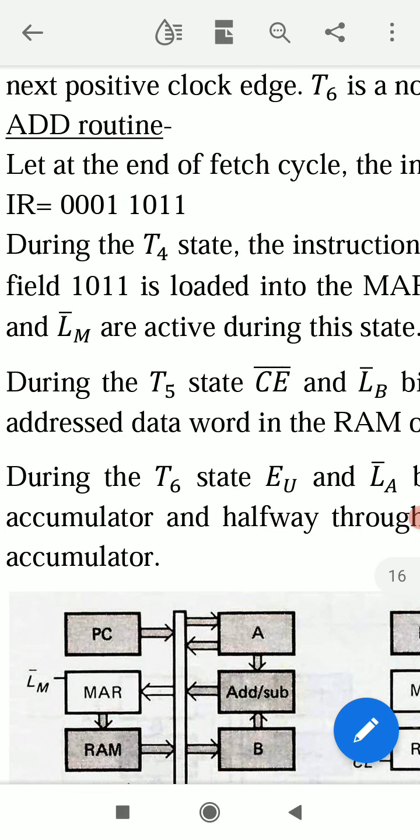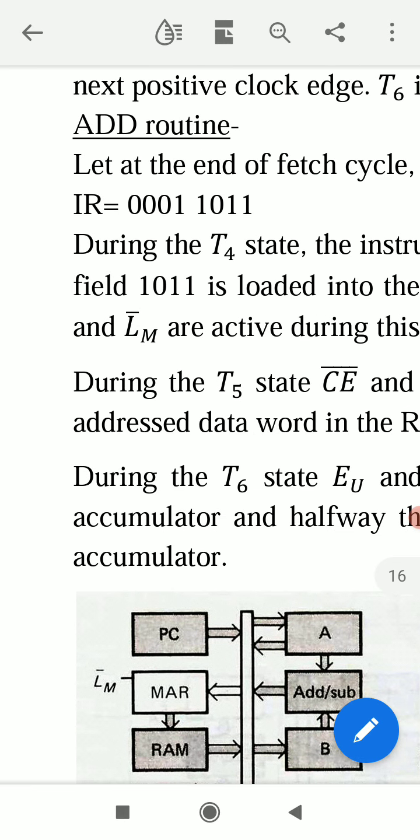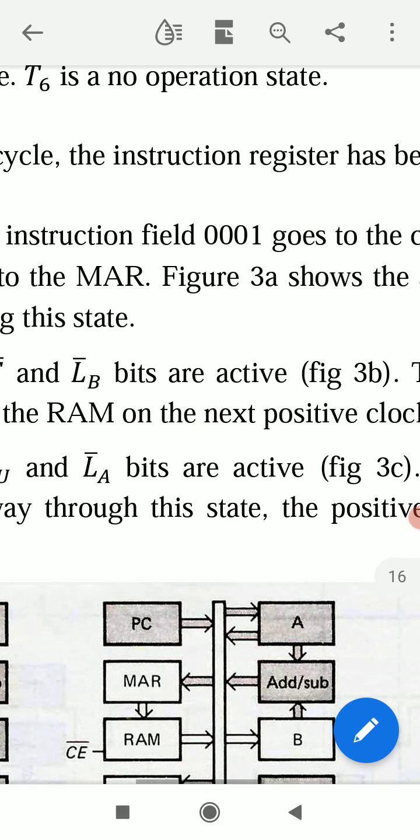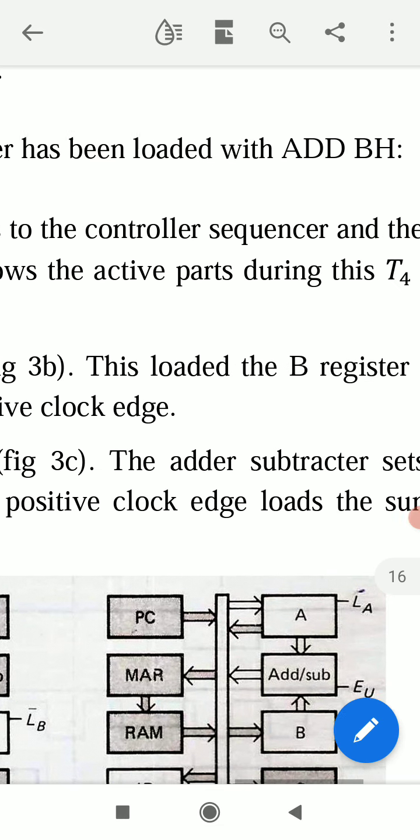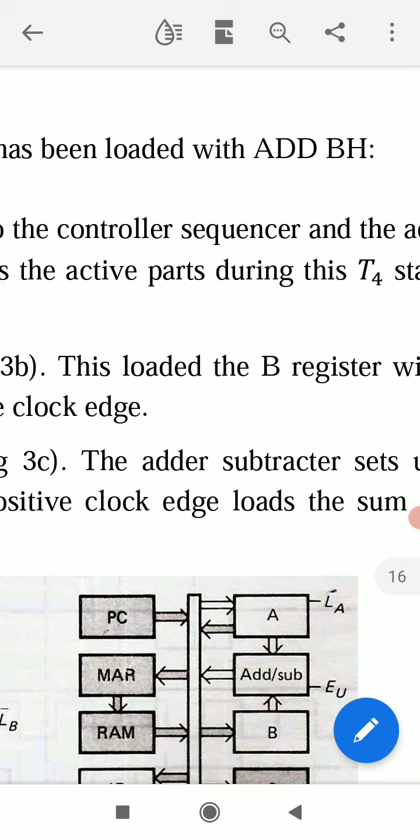Next is add routine. Let at the end of fetch cycle the instruction register has been loaded with add BH. This is add instruction, add BH.